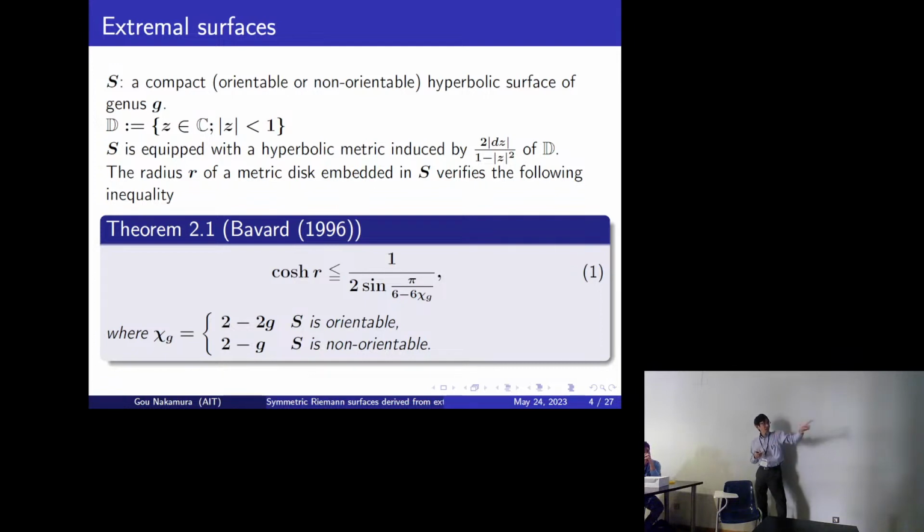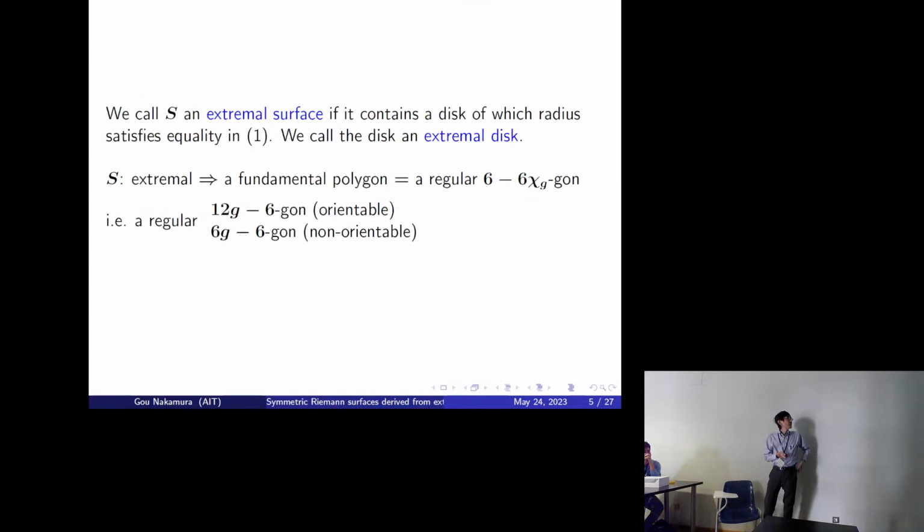Here, chi sub g denotes the Euler characteristic. So we call S an extremal surface if it contains a disk whose radius satisfies equality in (1). And we call the disk an extremal disk. So the next is important.